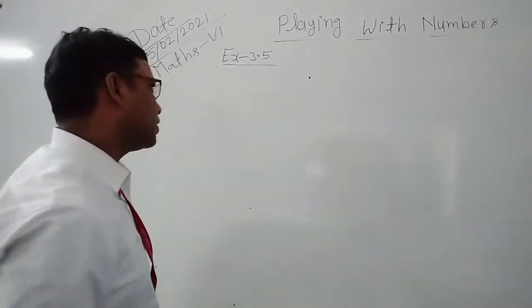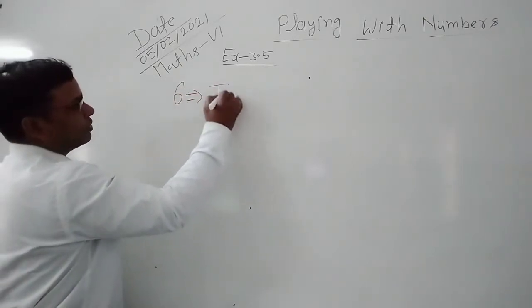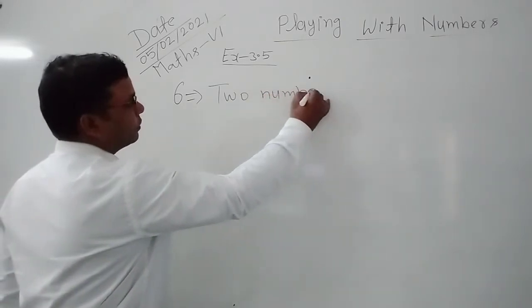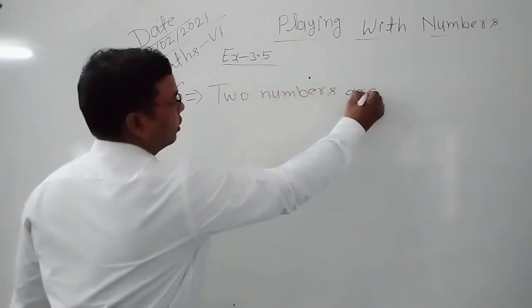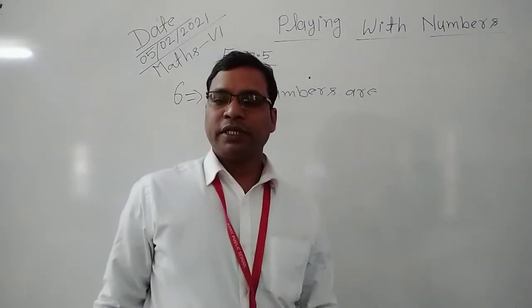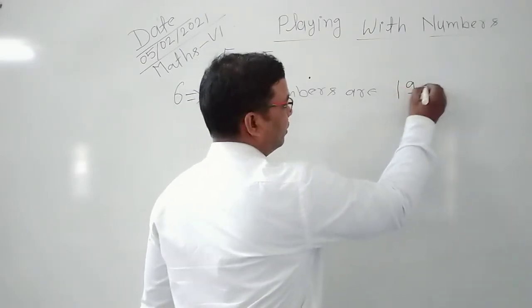In question number 6, two numbers are given here. What are the two numbers? 198 and 78.